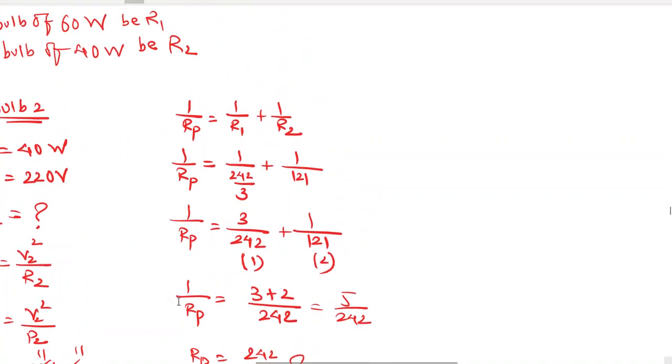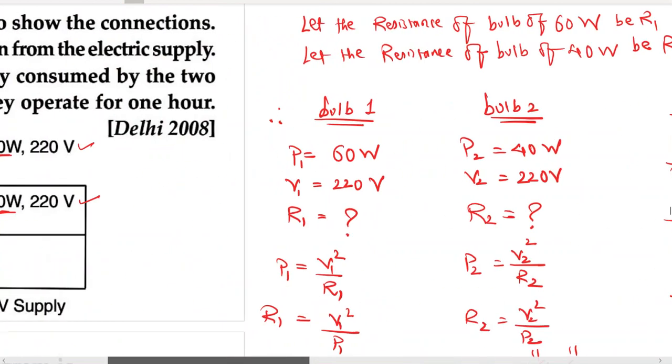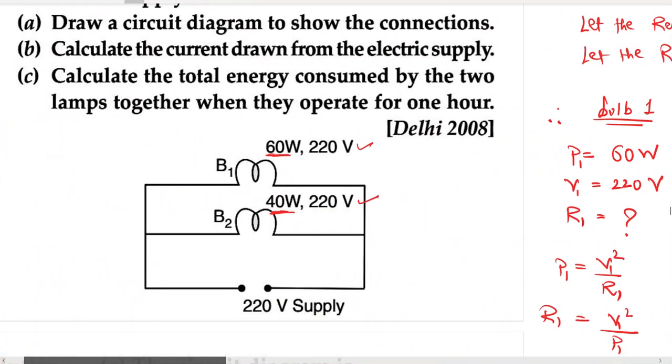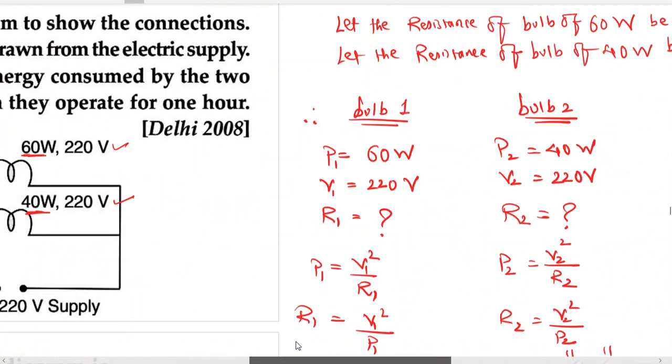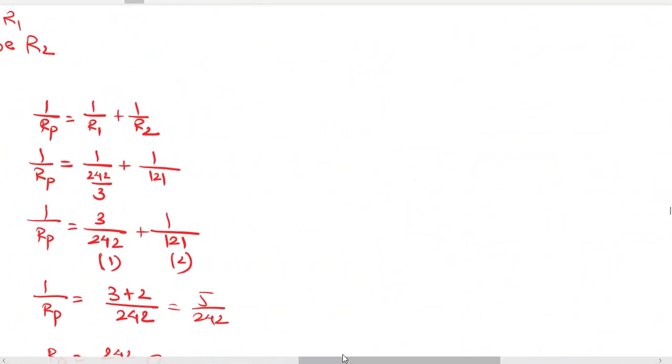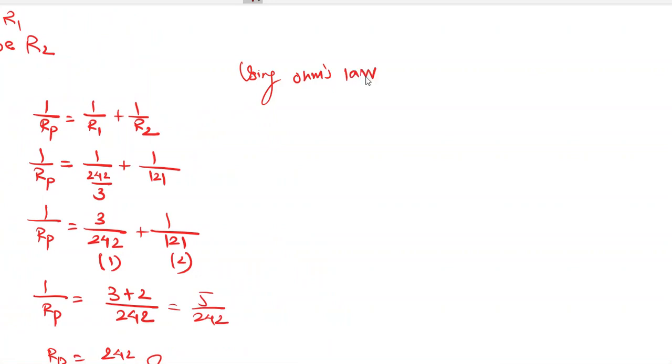So now, according to the question, we have to find the current drawn from electric supply. That is the total current drawn. We can find it using Ohm's law. Using Ohm's law, V is equal to IR.